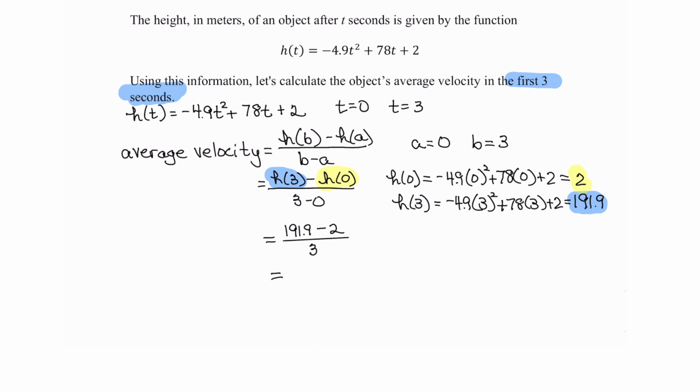And when you calculate that out, you will get 63.3, and the units for this is meters per second. And that is how you find average velocity.